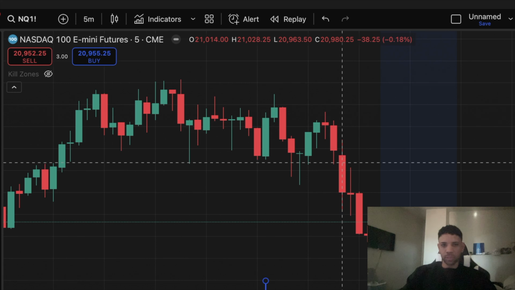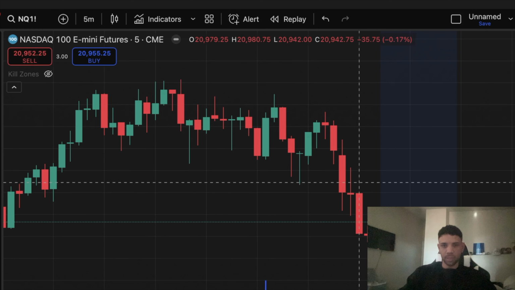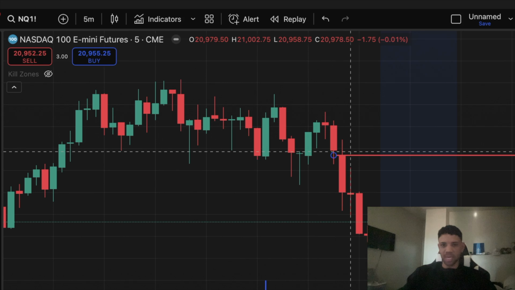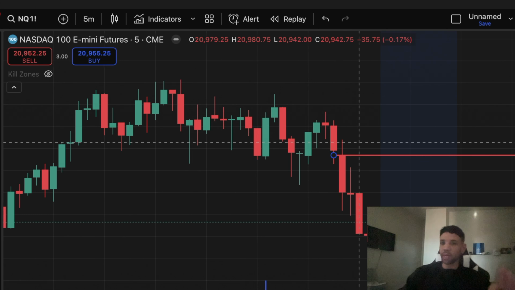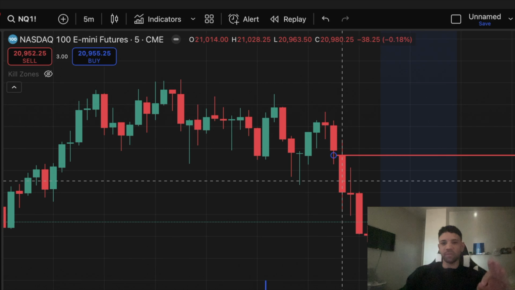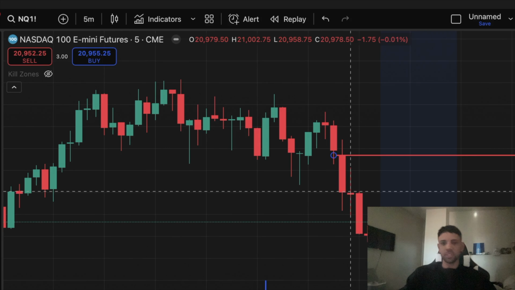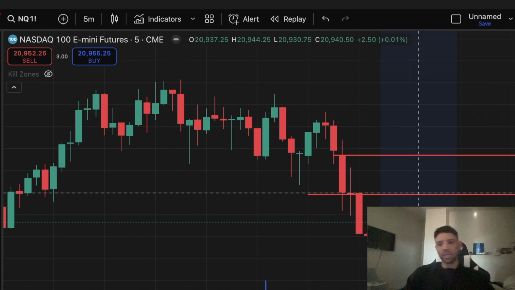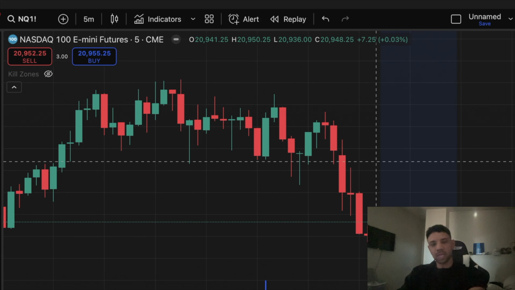So it opened at 21.14. And if you look at it right here, 21.14 exactly is where it opened. It came up a little bit and became a green candlestick, but then it pushed back down in that 5-minute time frame and continued to stay a red candlestick, and it closed right here. So it's an easy way to help you tell where price is going when these candles close.